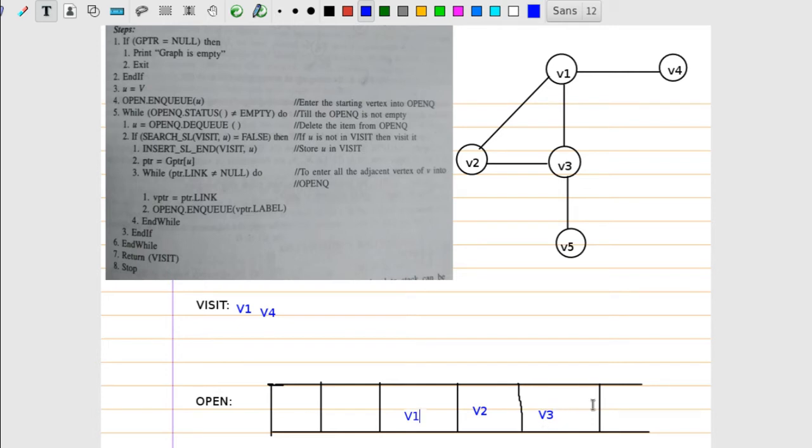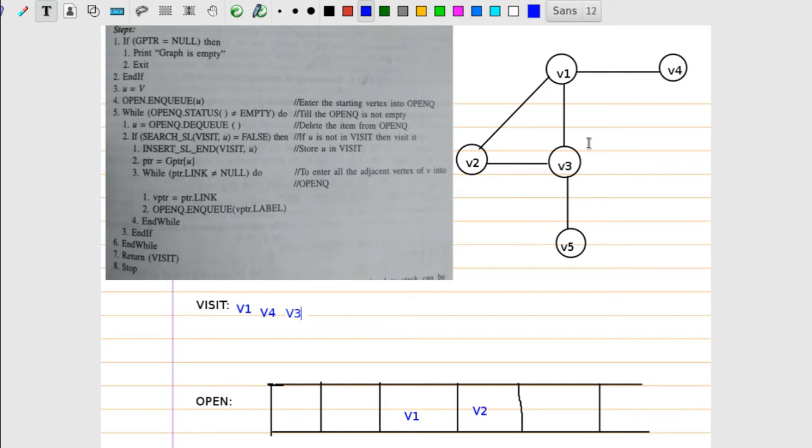So we will remove V3. V3 is removed. Then we will take the neighbors of V3.